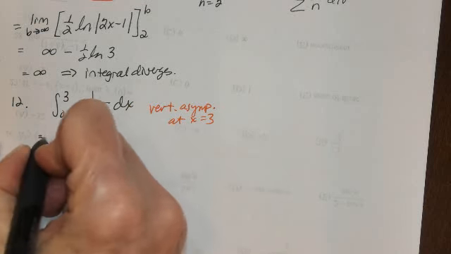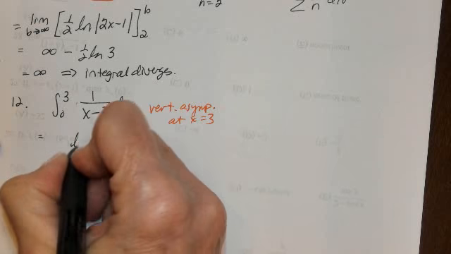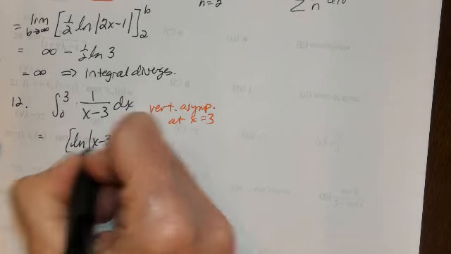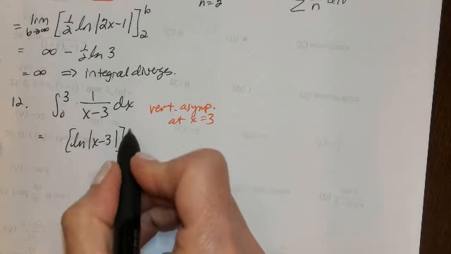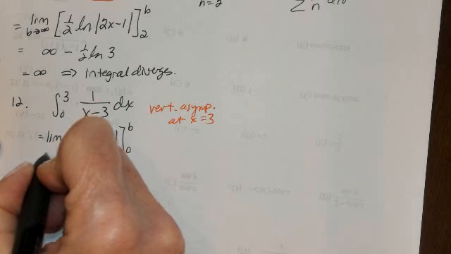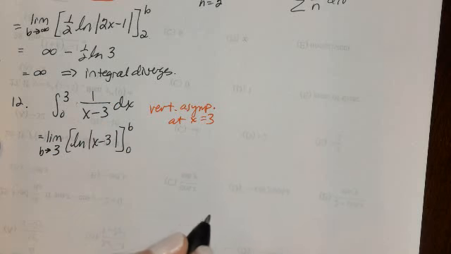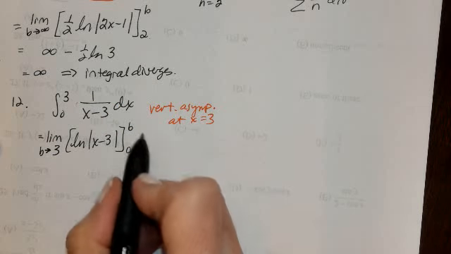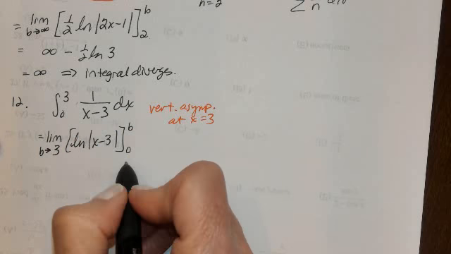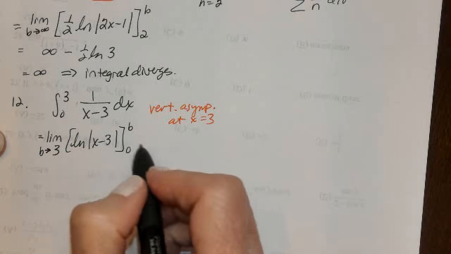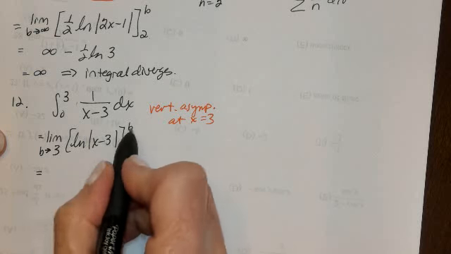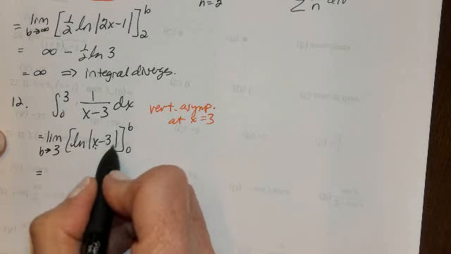So the antiderivative is just natural log of x minus 3. We want to go from 0 to 3, but we can't go to 3. We can go to some letter and then let that letter go to 3. I can't put 3 there because it makes my original function undefined. So you can't put a boundary that makes your original function undefined. So now we can put b in for 3, let b go to 3.